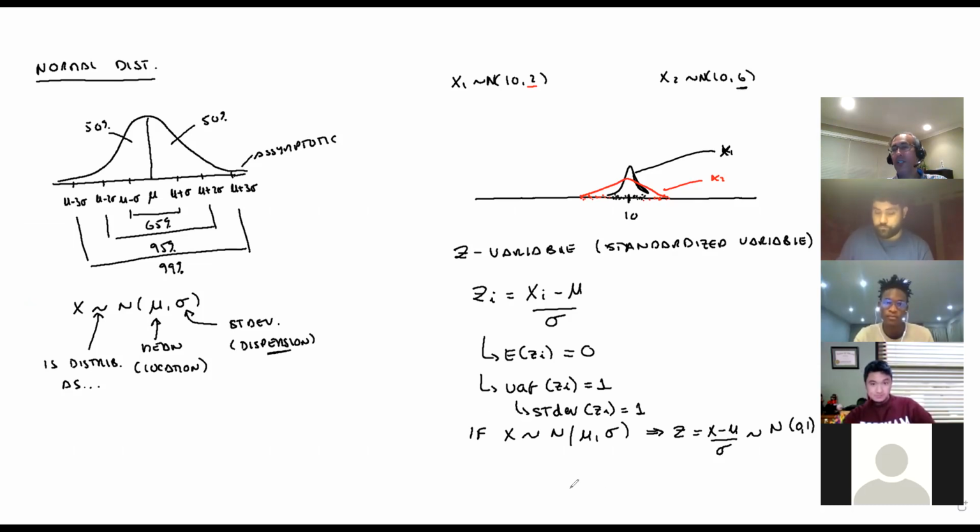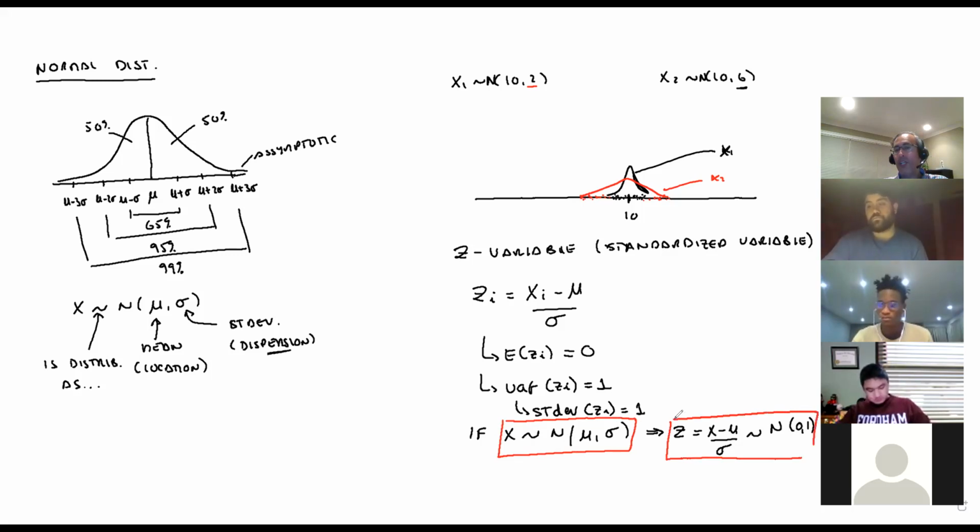Do you agree with me? Because the mean of Z is always 0, and the standard deviation of Z is equal to 1. So you can transform, guys, any series that is normally distributed, in this example, transforming X into Z and obtaining a normal distribution 0, 1.